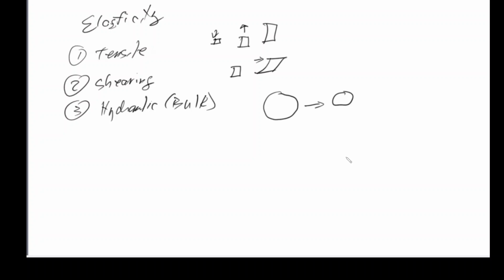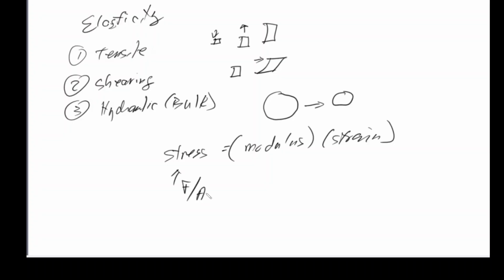They are proportional through a constant of proportionality called the modulus of elasticity. So stress, which is actually the force applied, is equal to the modulus times the strain. And stress is actually force per unit area.